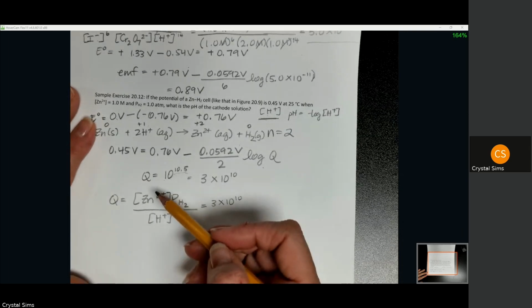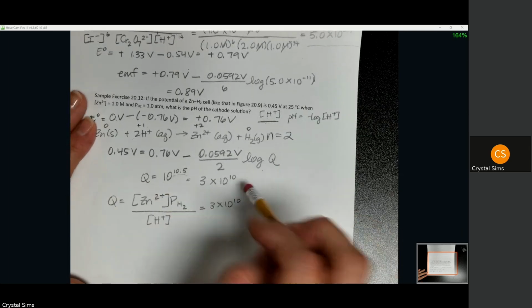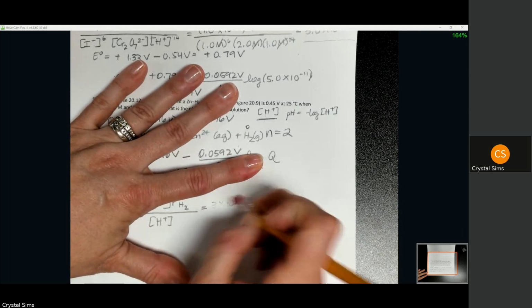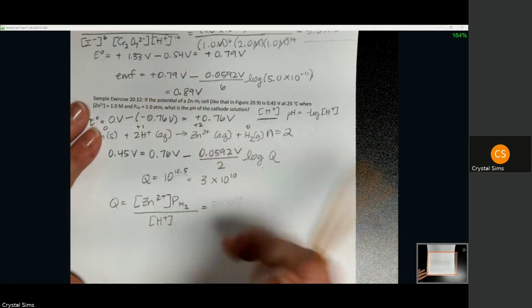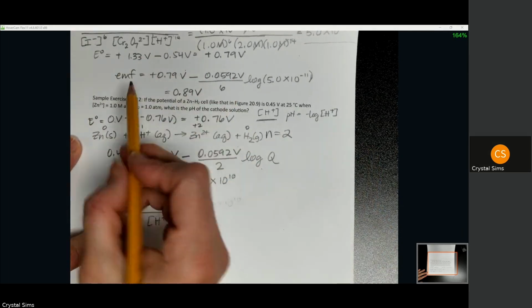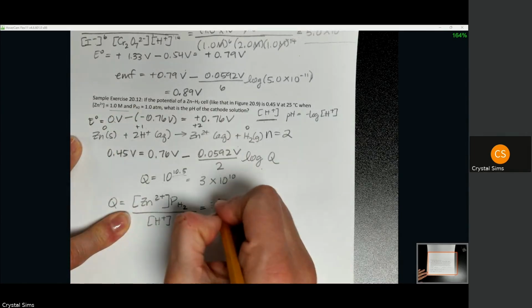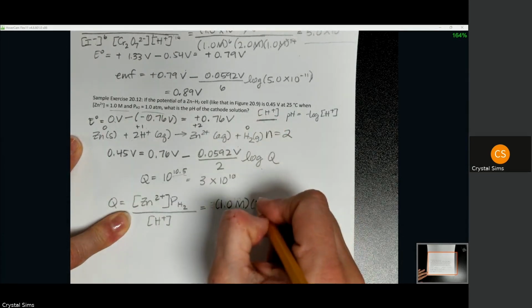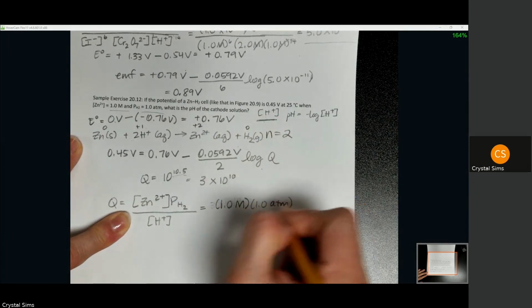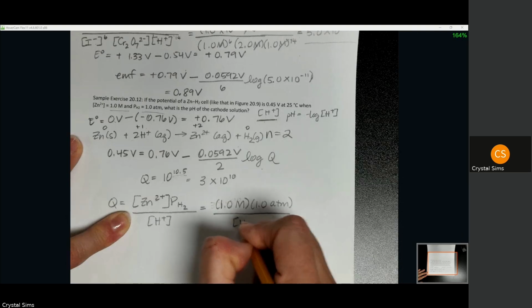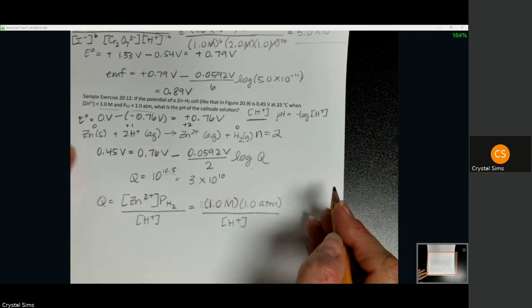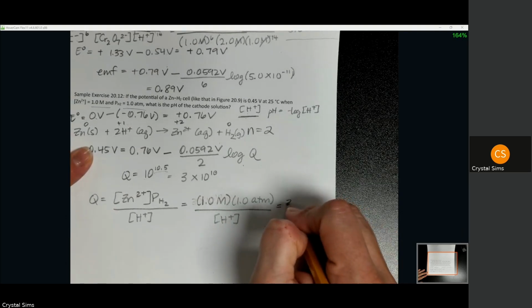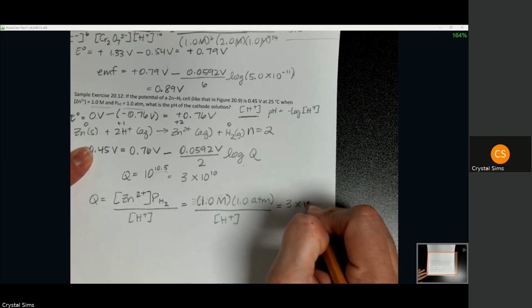Well, I need to plug in my values first. My concentration of zinc, they told me, was 1.0 molar. They told me the partial pressure is 1.0 atmospheres. I don't know what my concentration of hydrogen is. I'm trying to figure that out. But that is equal to 3 times 10 to the 10th.